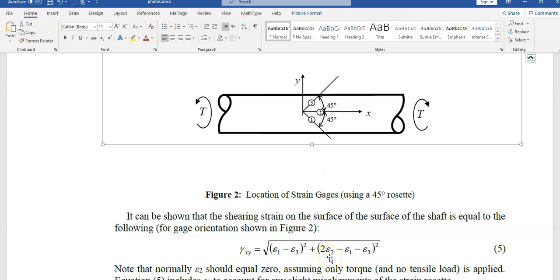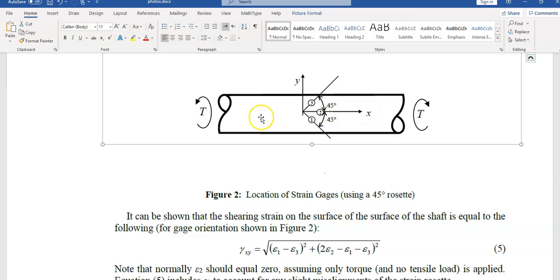So epsilon 2 is usually considered 0, but in this experiment there might be some slight misalignments of the 45 rosette or the shaft itself, and so epsilon 2 might not be 0.